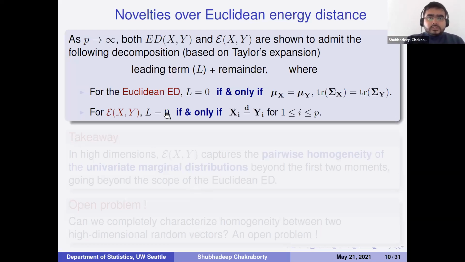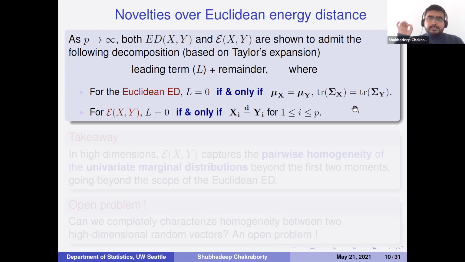We showed that as the dimension grows to infinity, via some Taylor's expansion, both the energy distance and the generalized energy distance admit the following decomposition into a leading term plus some asymptotically negligible remainder, where, very interestingly, for the Euclidean energy distance, the leading term is 0 if and only if the mean vectors are identical and the traces of the covariance matrices are the same.